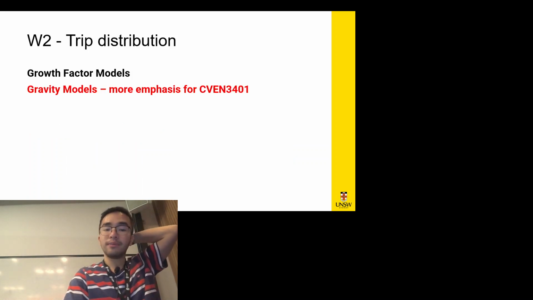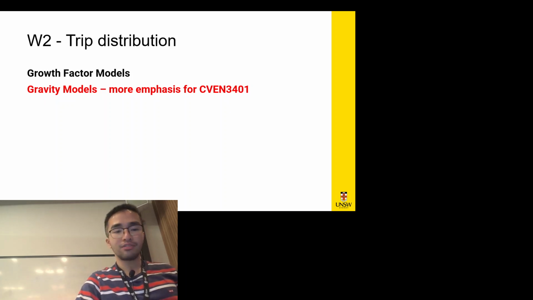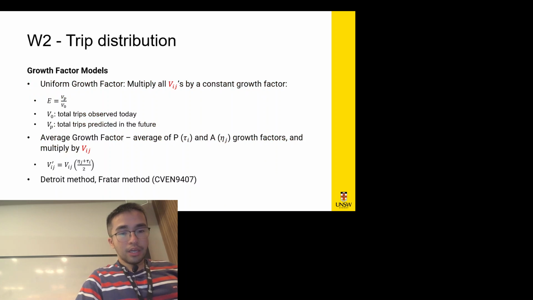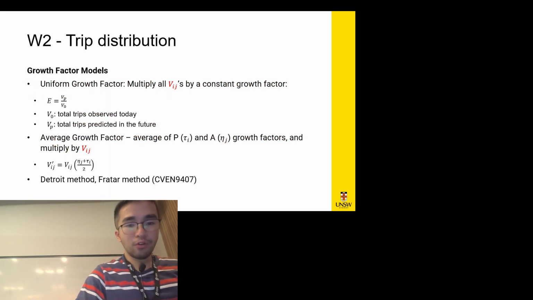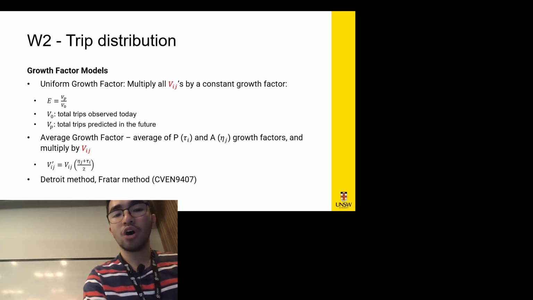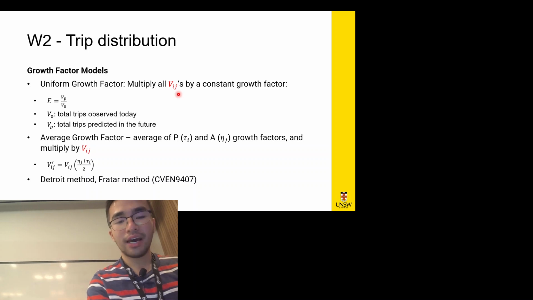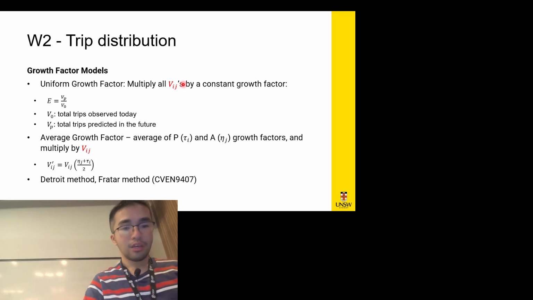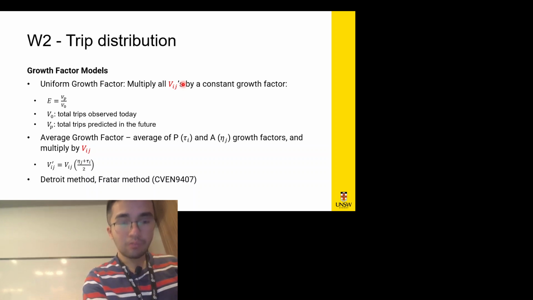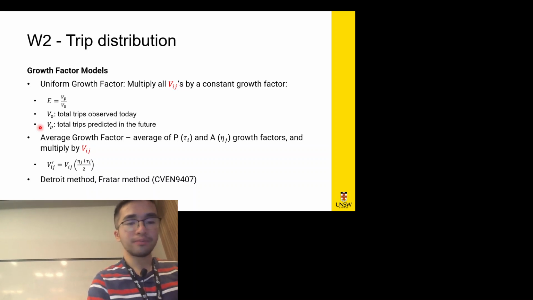And there's two different types of models: growth factor models, and gravity models. The more important one is gravity models. Growth factor model uses a uniform growth factor. So Vij is the number of trips from zone I to zone J. So what you do is you have this growth factor where Vp is the total trips predicted in the future and V0 is the total trips observed today.